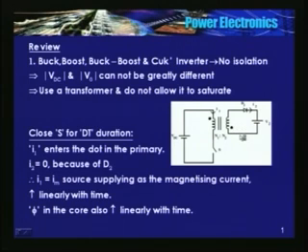Current cannot leave the dot in the secondary because of this diode. Therefore, I2 is 0, primary is energized. So, we know that if the secondary current is 0, primary current is only the magnetizing current. A DC voltage is being applied to the magnetizing inductance.